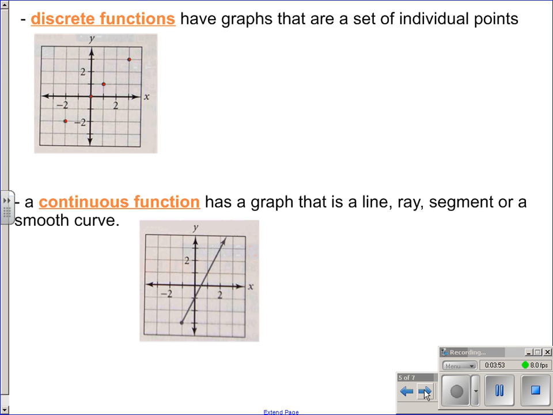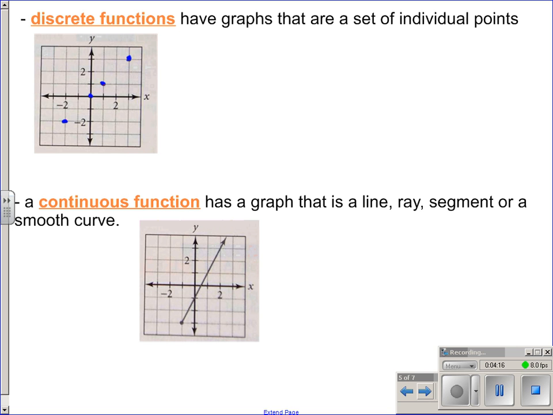All right, a couple of different types of functions. Take a second, hit pause, copy these things down. For a discrete function, it's basically just looking at a set of individual points. This is the same graph we just had on the last slide. It's just points. That makes it, as long as it's a function, one x value to exactly one y value, a discrete function is just a series of points.